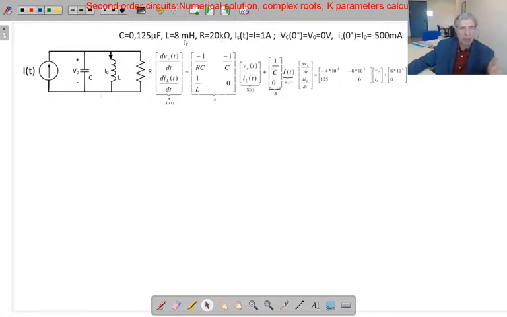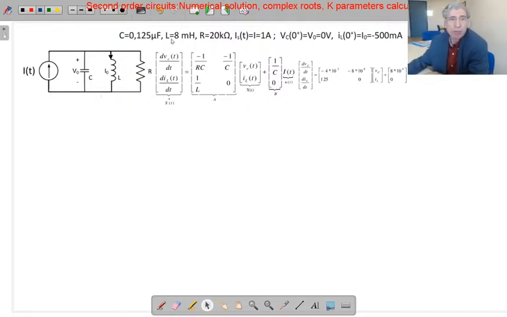So when you change the RLC values, your characteristic root could be either real or complex or multiple. Real, we have done, and we changed the values in such a way that in this case the characteristic roots are going to be complex numbers, and we will be examining this case.